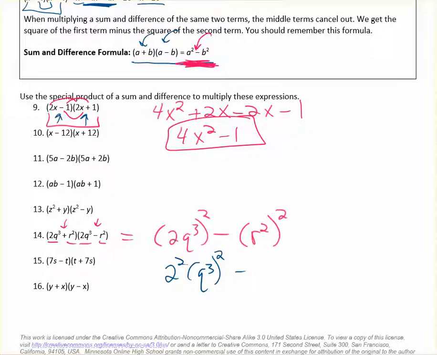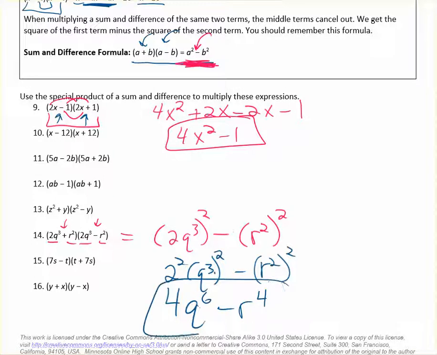And the other one is a little easier. This is just r squared to the second power. So 2 squared is 4. Q to the third power raised to the second power. The rule is when you raise a power to a power, you multiply the exponents. So it's 4q to the 6th minus r to the 4th, because I have to multiply 2 times 2, and I get my answer for number 14.